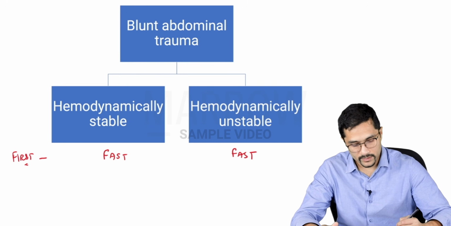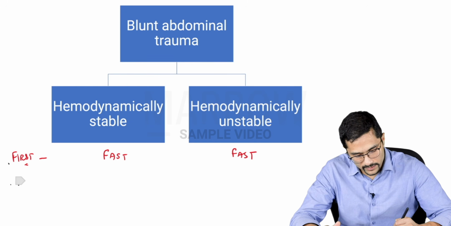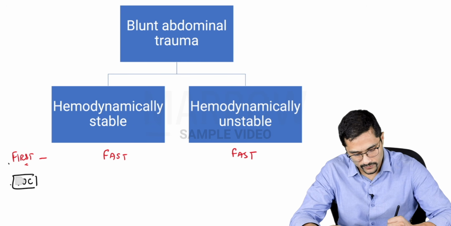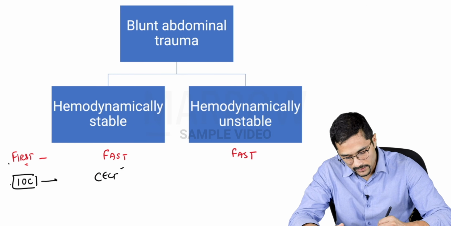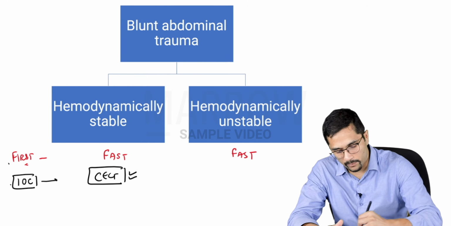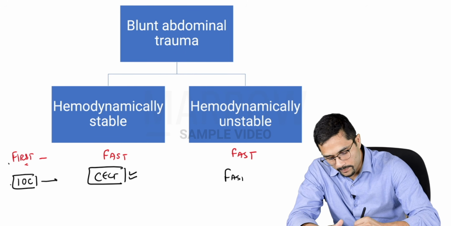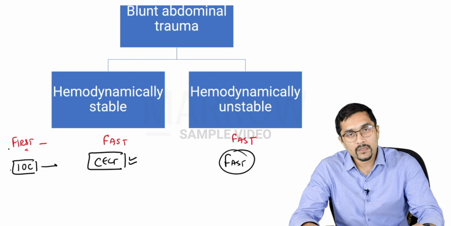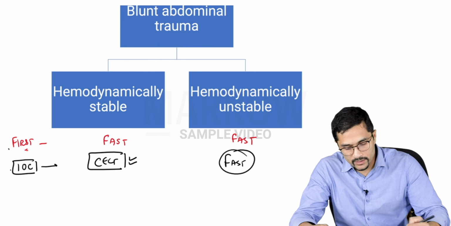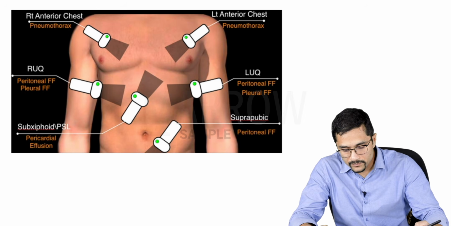We will discuss in 2 minutes. But the investigation of choice in a stable patient is CECT, contrast-enhanced CT scan of the abdomen, whereas in an unstable patient it is FAST. So you should know this for the exam. This is how we work up a patient with blunt abdominal trauma.